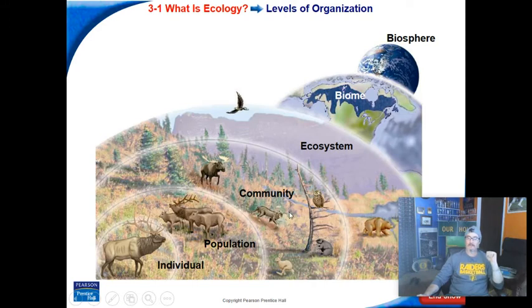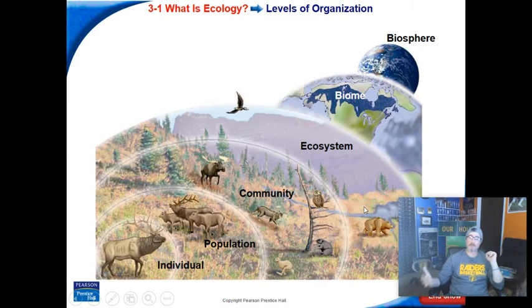A community involves populations of different types of organisms. So we have a rabbit here. We have, I don't know, a hedgehog, an owl, mountain lion, moose. So different populations in the same place at the same time is the community. Ecosystem brings in the atmosphere, rocks, air, water, and dirt.